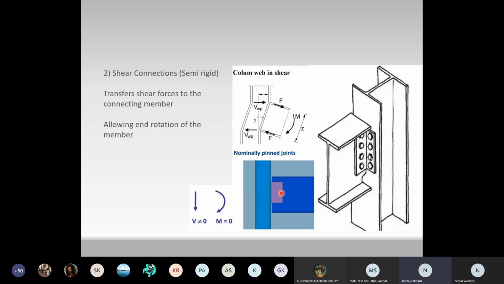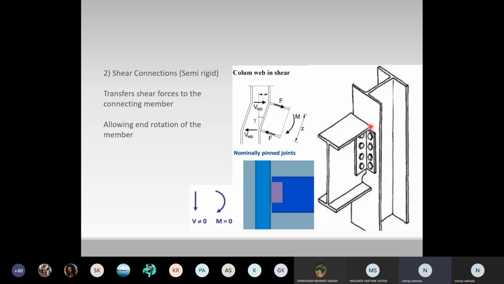This connection transfers shear forces to the connecting members, thus allowing the end rotation of the member. Shear connections may be made to the web of the supported member while the flanges remain unconnected.